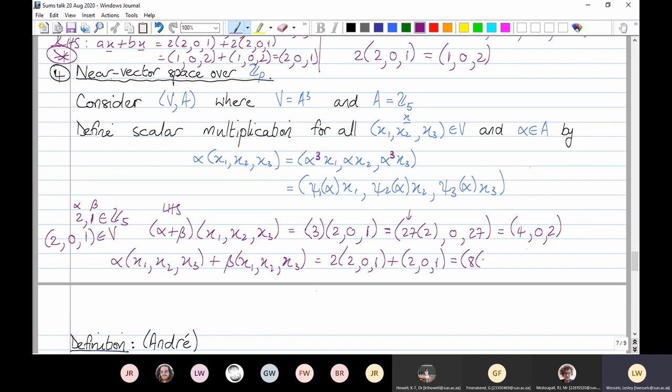It's 8 times 2, that's just going to be 0, and that's going to be 8. So you can already see in modulo 5, in Z5, this is going to be 3. 3 times 2 is 6, which is 1. And 8 is just 3 in Z5. So I don't have this distributive law for near vector spaces.